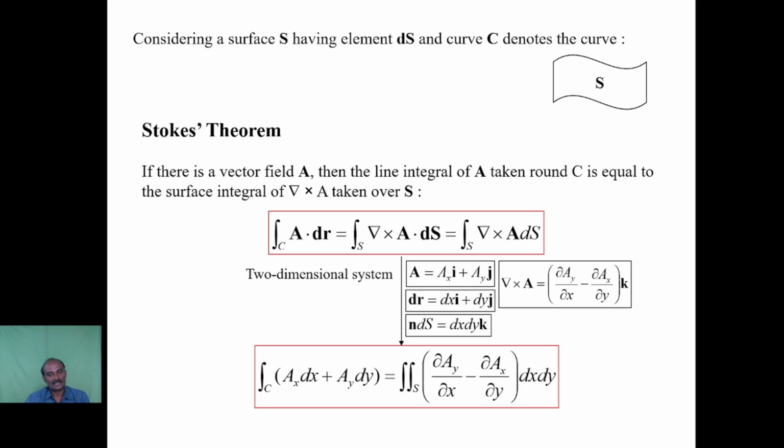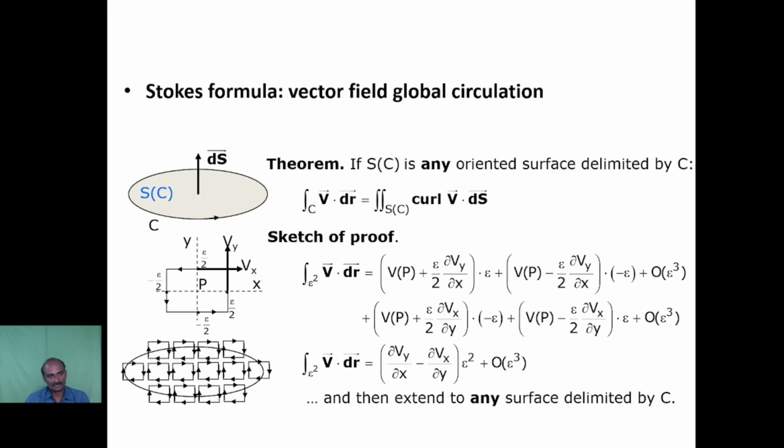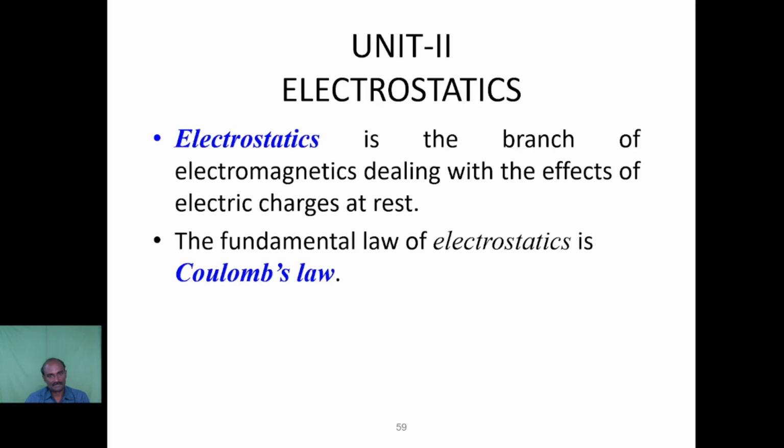The line integral is equal to the surface integral of the curl of that vector. So with that we can wind up the study of vector fields, which will be used in electromagnetic fields.